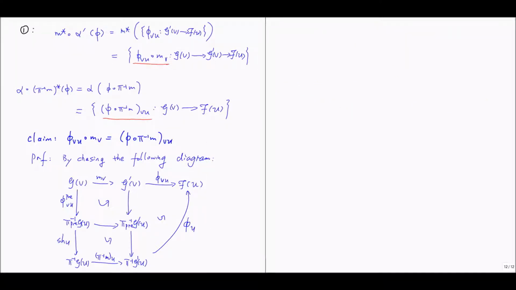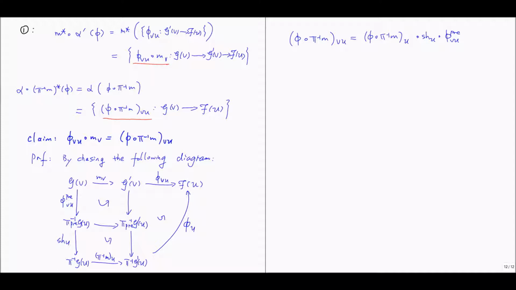The proof of this claim is given by tracing the following diagram. The right-hand side of this equation is equal to the composition of those 3 maps. And the first part is exactly this guy composed with this guy.